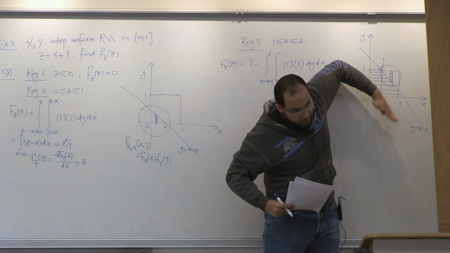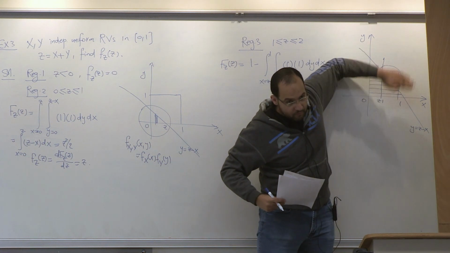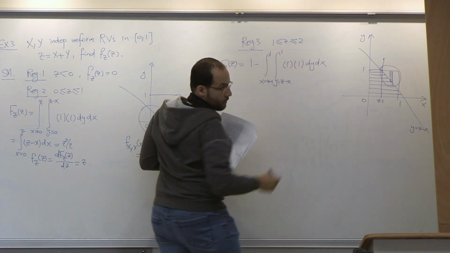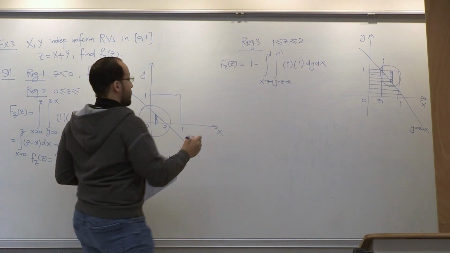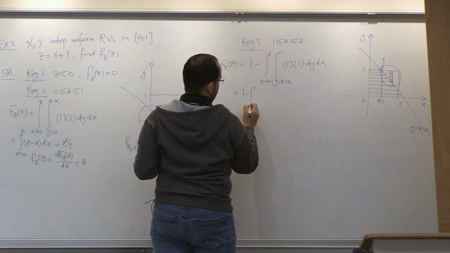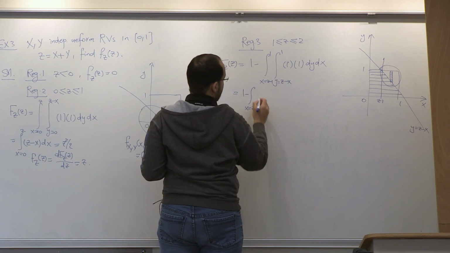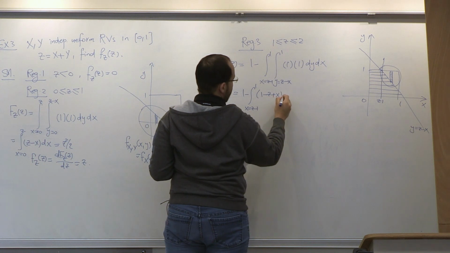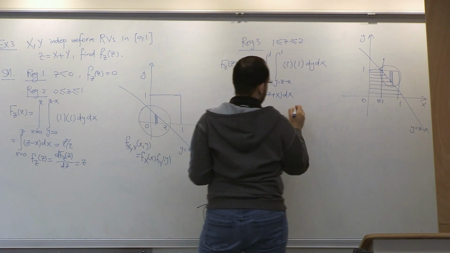From the line to 1. So from z minus x to 1. Right? So this would be 1 minus the integration, x equals z minus 1 to 1, 1 minus z plus x dx.